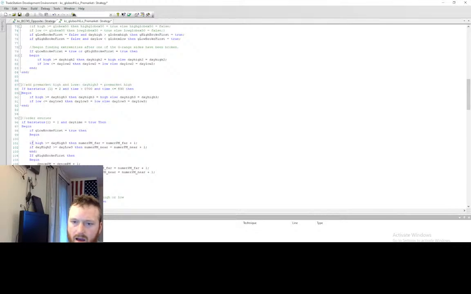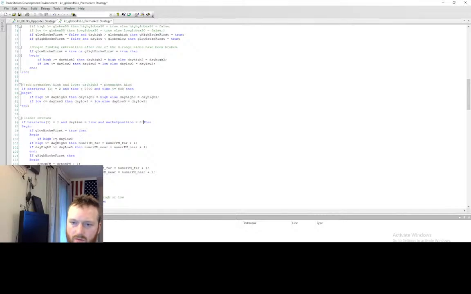Now we want the high. So if the high is greater than or equal to day low 3, which is the pre-market low, yeah, there you go.